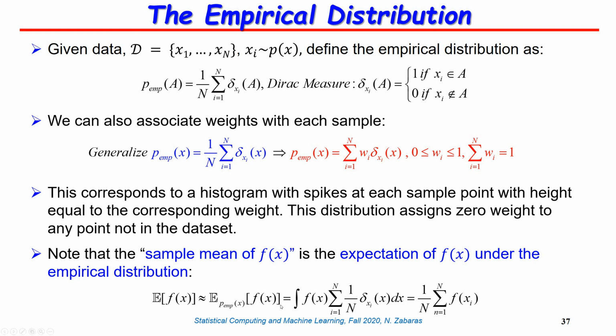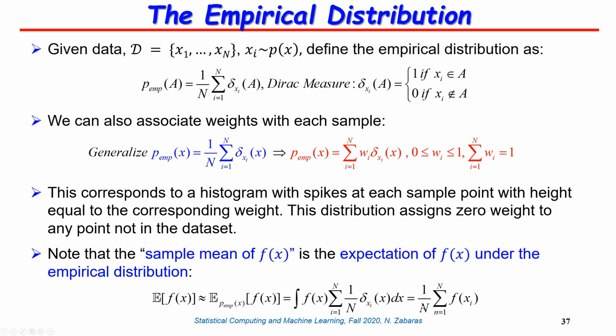So this expectation of f of x under the empirical distribution comes to be 1 over n, the summation of f of xn at the sample locations, I should change the indices here, so I should put a little n, from little n equal to 1 to capital N. And this is what we define to be the empirical mean of f of x.